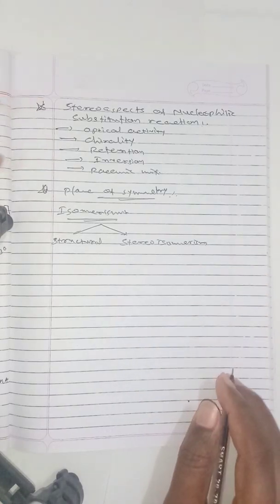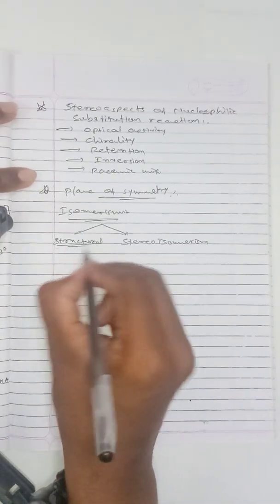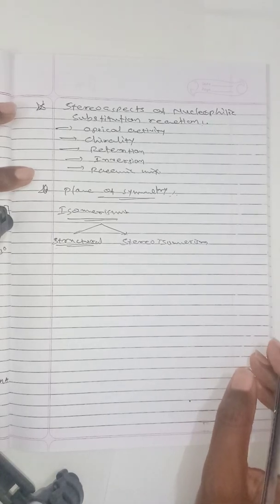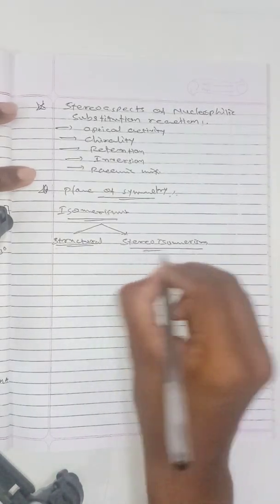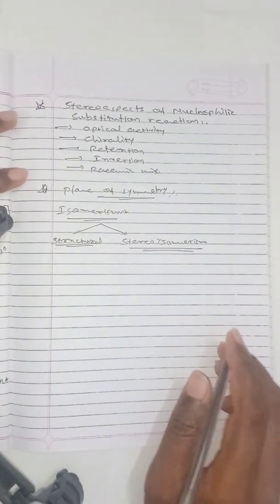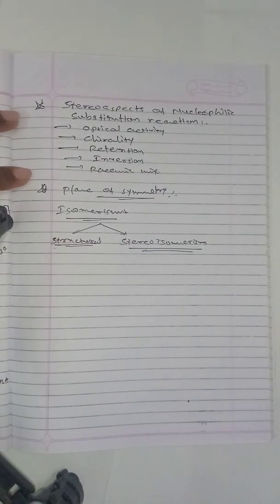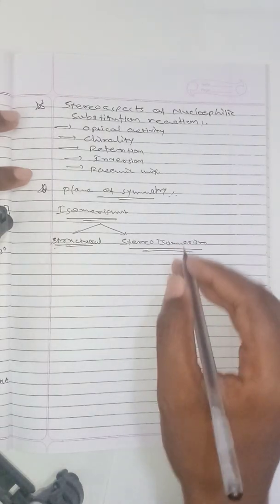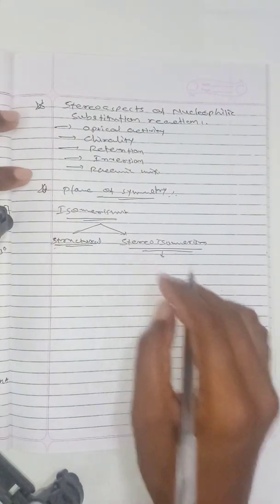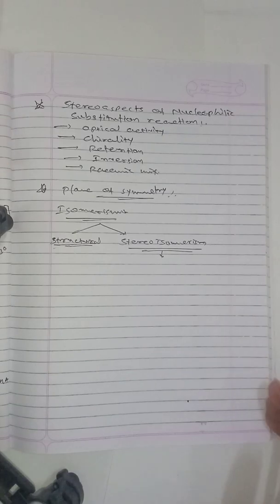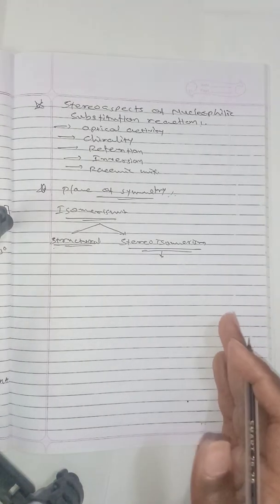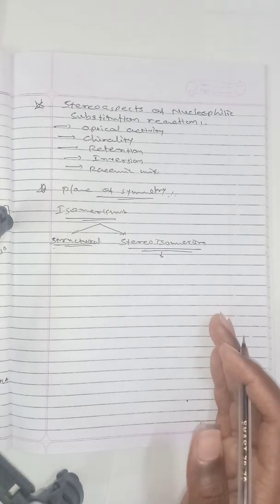Structural isomerism we studied in 11th standard. Let's see stereoisomerism. This isomerism is caused by different arrangement of atoms or groups in space, and this phenomenon is called stereoisomerism.